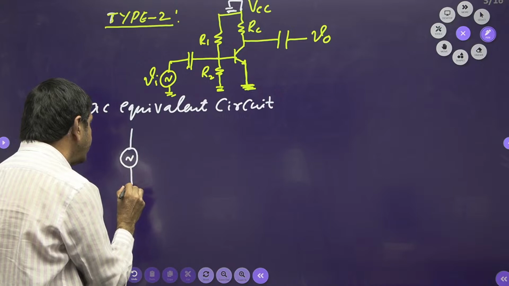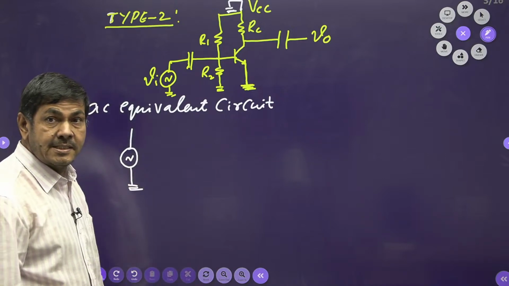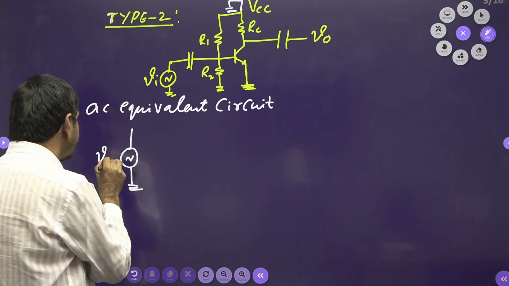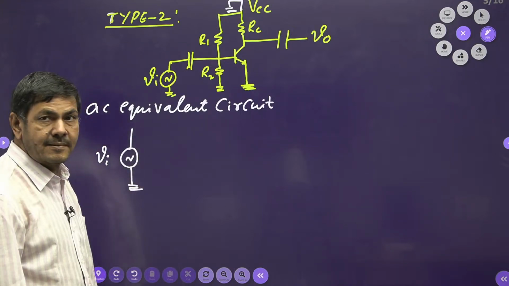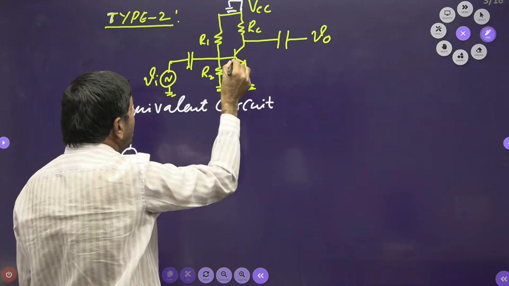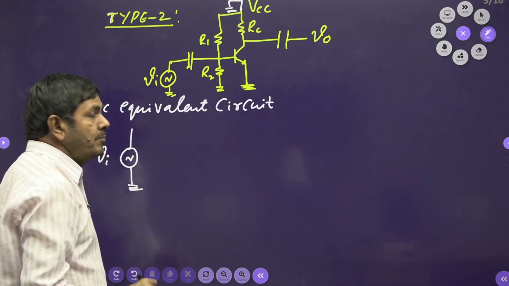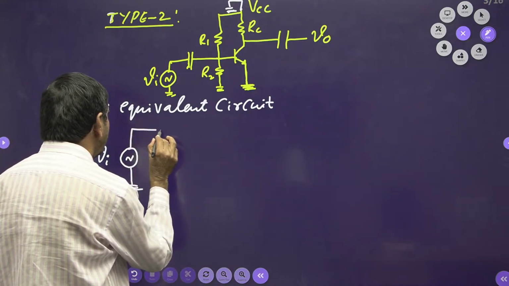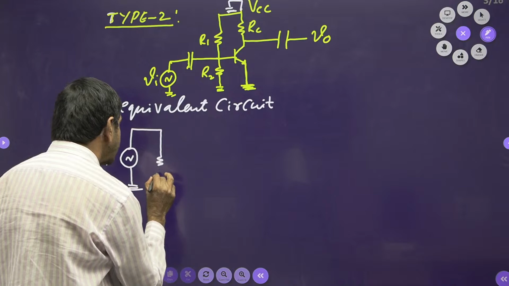DC voltage is shorted. This voltage I can note down as VI. Here R1 is connected to the ground and R2 is connected to the ground. Both are in parallel. When they are in parallel, I said already, we will get an equivalent resistance of RB.